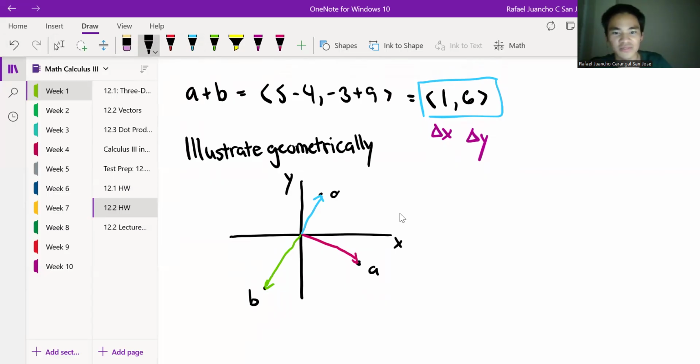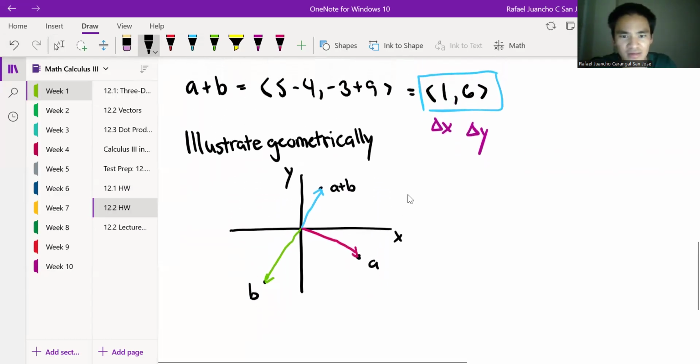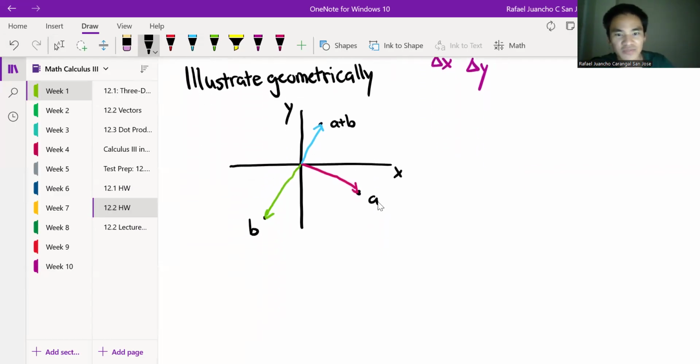This is my vector A plus B. It's like B is pulling here, A is pulling here, then A plus B is pulling here, which makes sense, right? I'm kidding, it doesn't make sense, but it's okay.